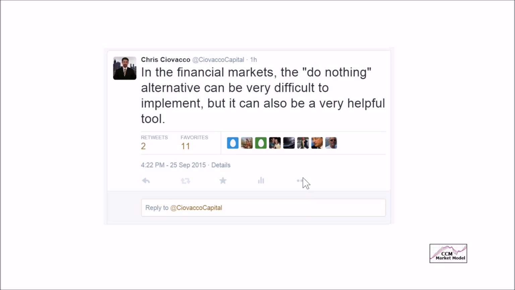The model gives you a rational guidepost to manage off of, which can help you control your normal human emotions. It's much, much easier when the markets are up big to wake up, prepare buy orders, and when the market opens, execute them, because as a human being, we feel better.